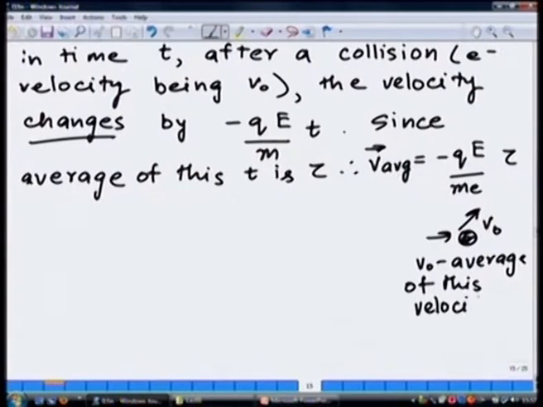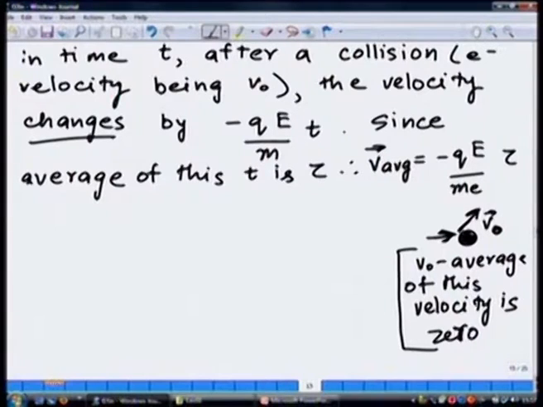Remember, v0 is a random velocity. Here is the ion, and here is the electron which came out with velocity v0, and this is a random velocity, in a random direction. So, the average of this velocity is of course 0.